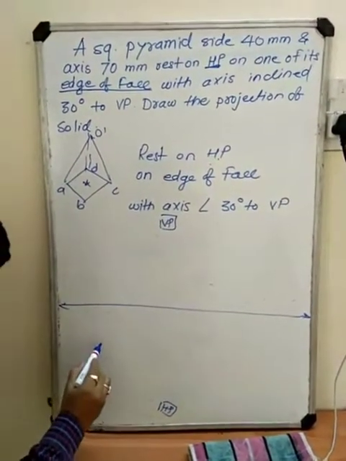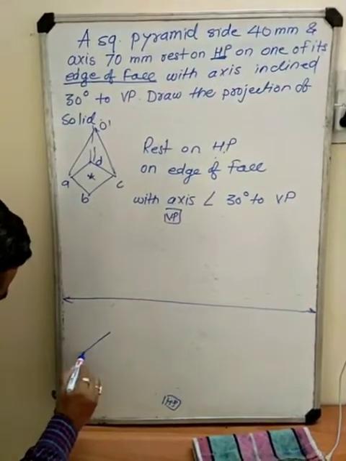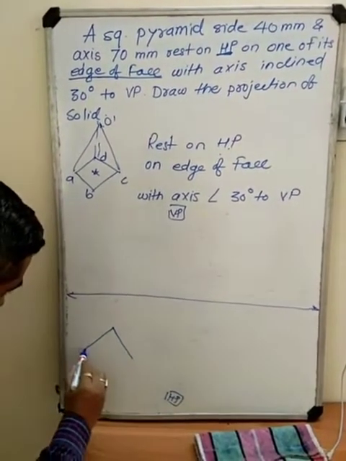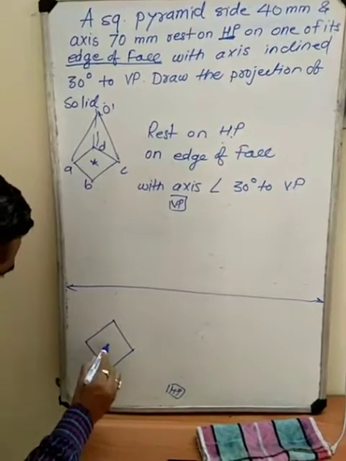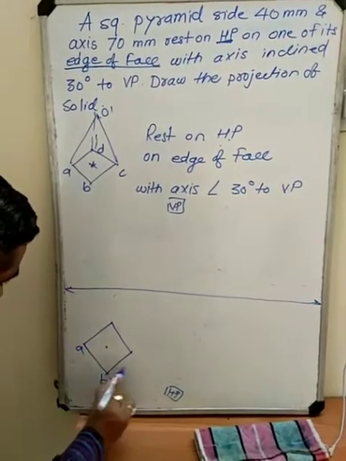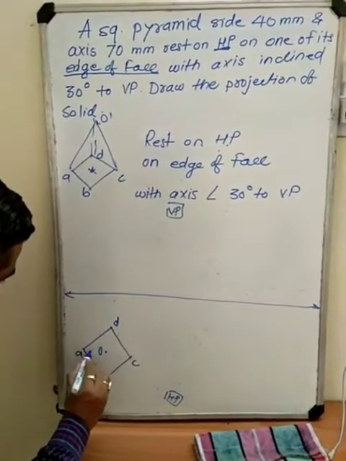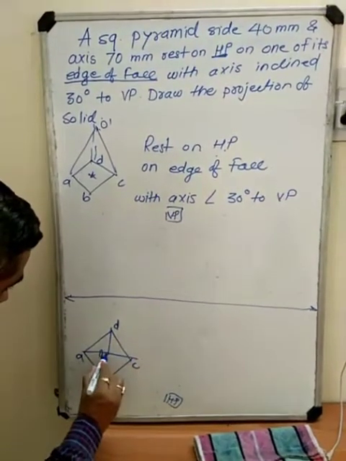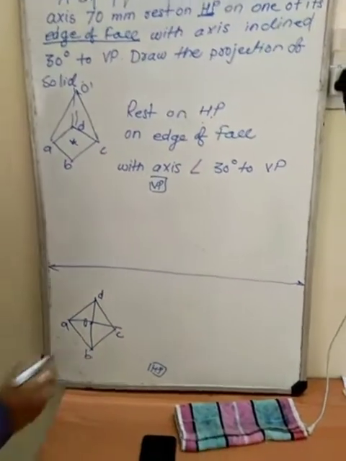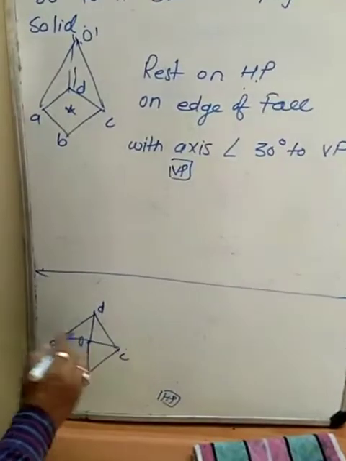That means in the first step you have to draw the top view like that. Understand? This is A, B, C, D and O. These are the edges of face. You have to put the solid on OC.